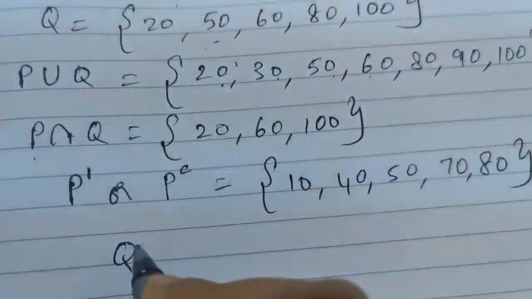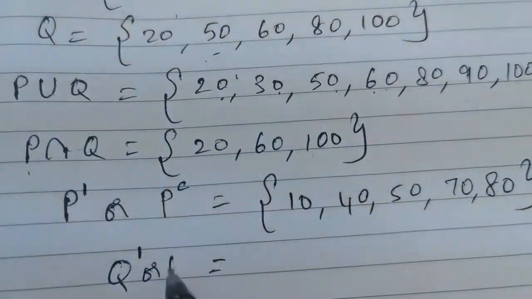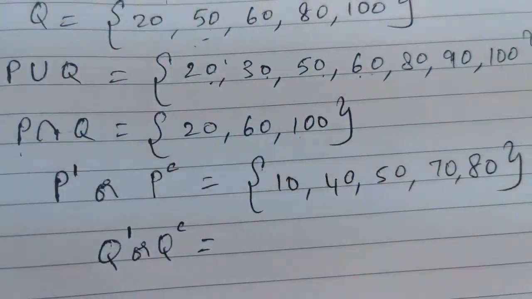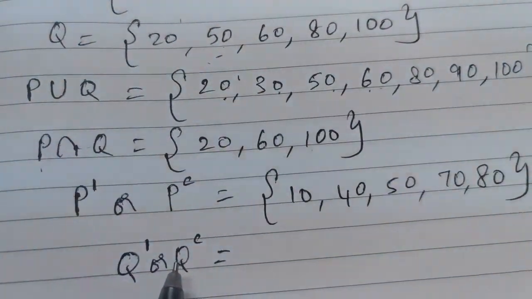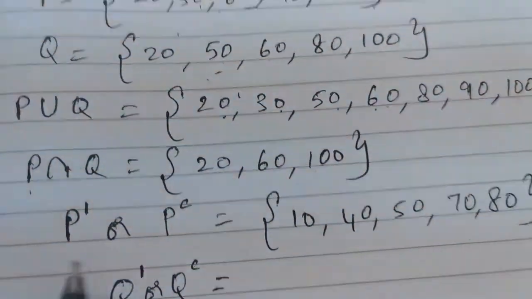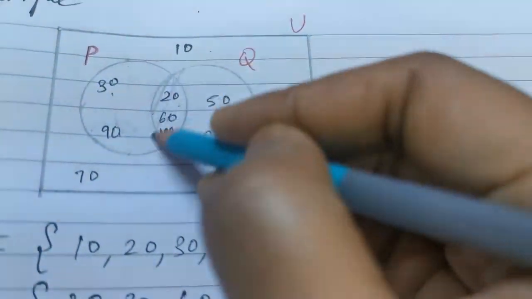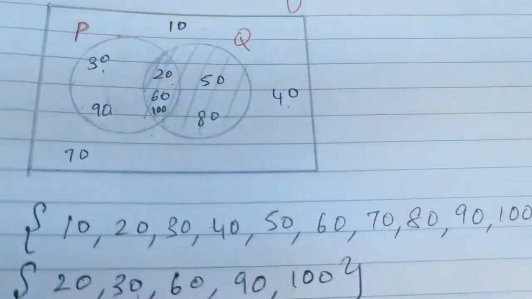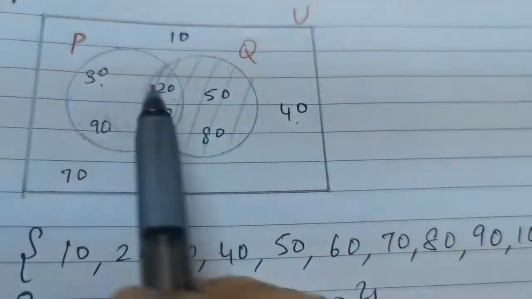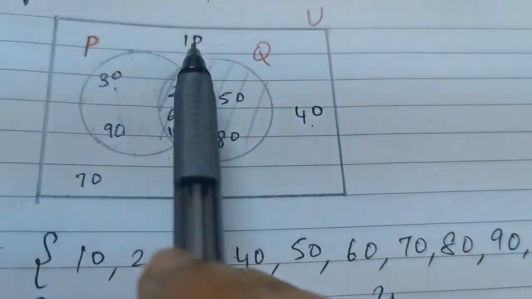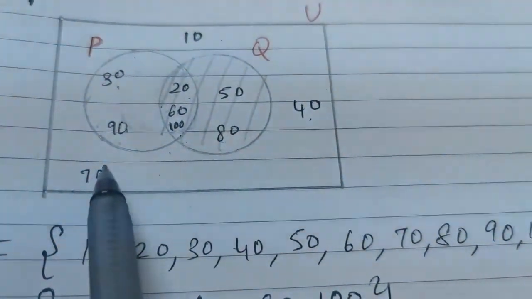Q complement. To find Q complement, or it can be represented this way, we will remove the elements of the set Q from the universal set. So set Q is the second circle. When you remove the elements of set Q, 20, 60, 100, 50, 80 are removed. So the remaining elements are 10, 30, 40, 70 and 90.